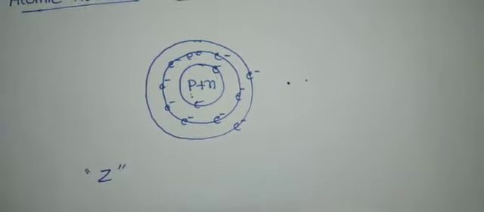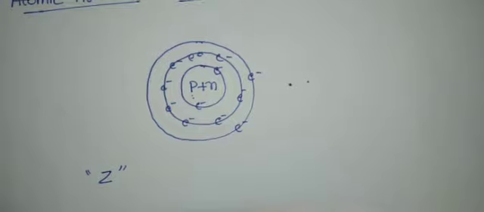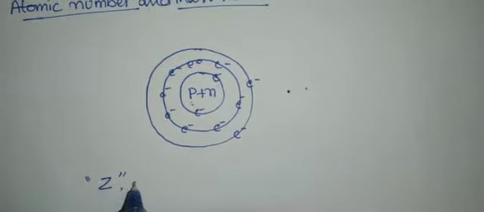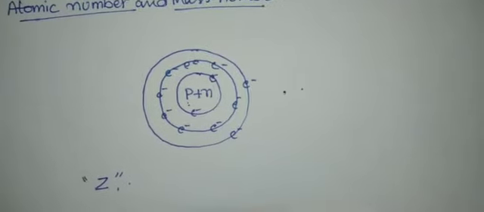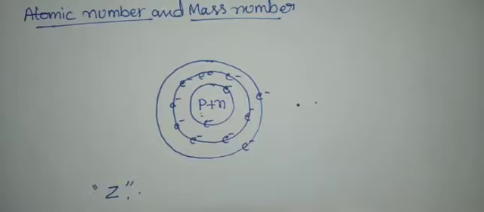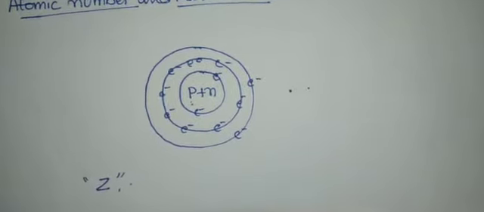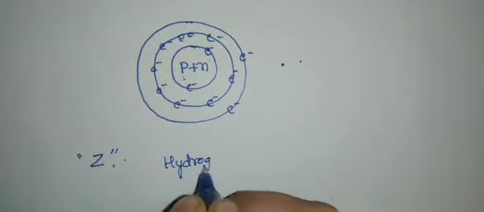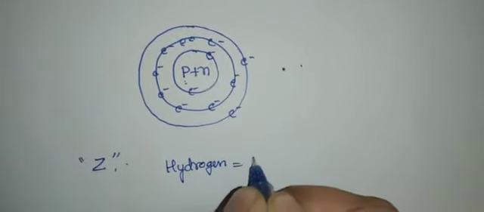So all the atoms of an element have the same atomic number, that is, we can write it as Z. In fact, the elements are defined by the number of protons they possess. For example, hydrogen. You know that hydrogen has only one proton.